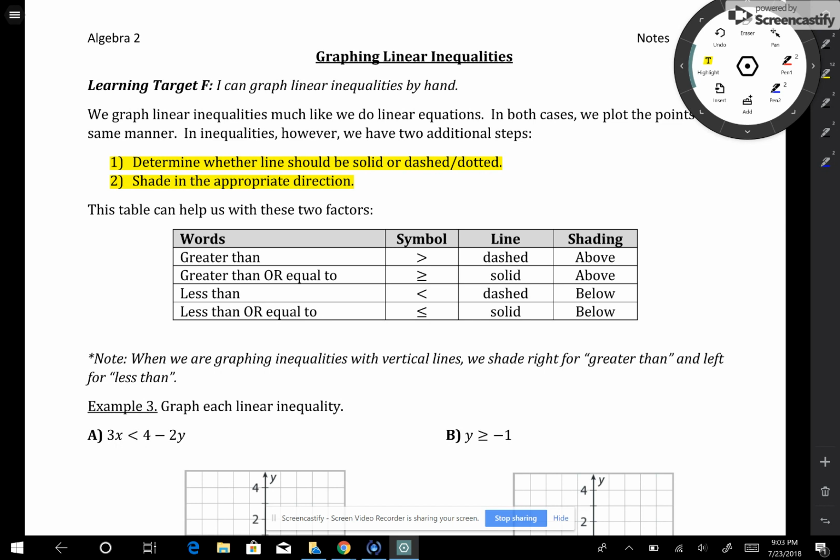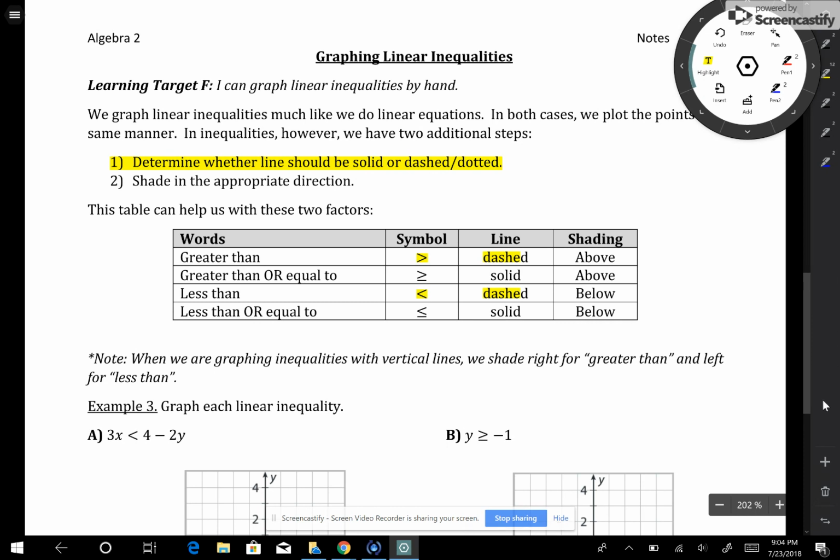If we have the or equal to symbol on it, that's a solid line. That means we can include the values on that line. If we don't, if it's just greater than or less than, that line is dashed. Dashed, okay? We cannot include those values on that line.